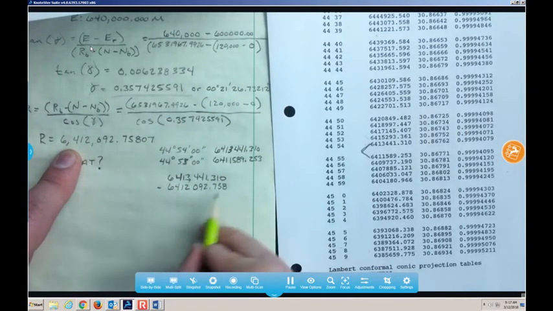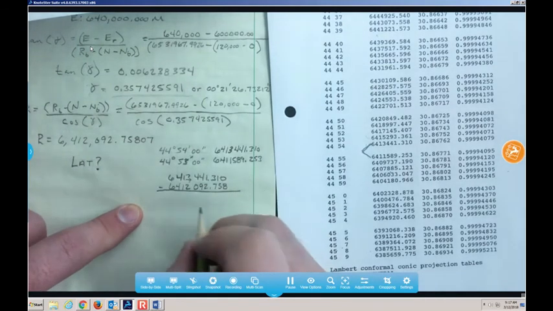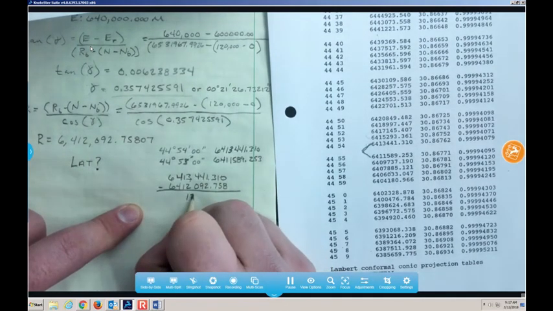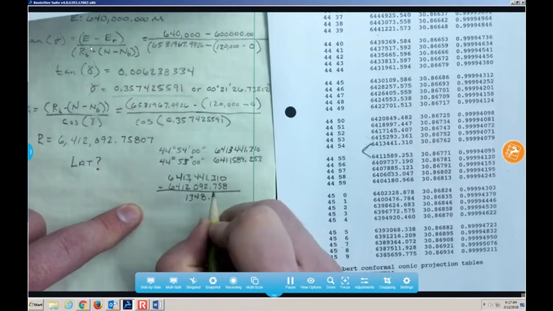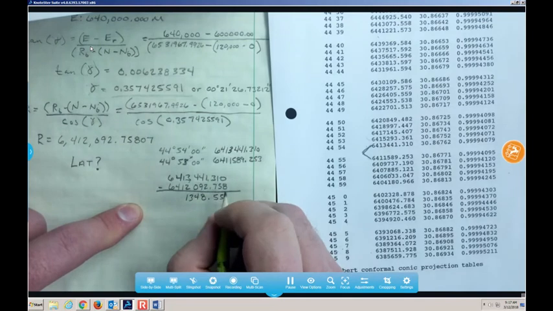I'm just going to carry it to 3 decimal places, because that's what the other one is. If I subtract those, I come up with 1348.552.